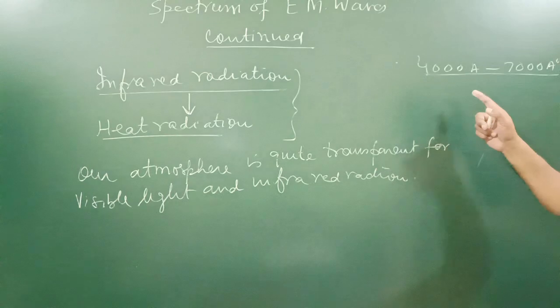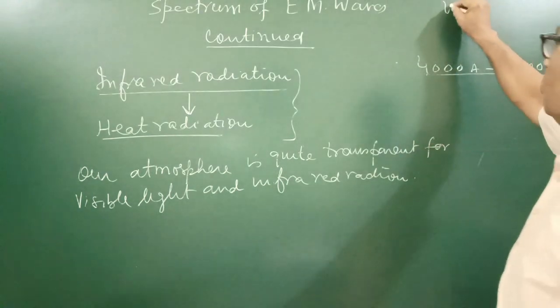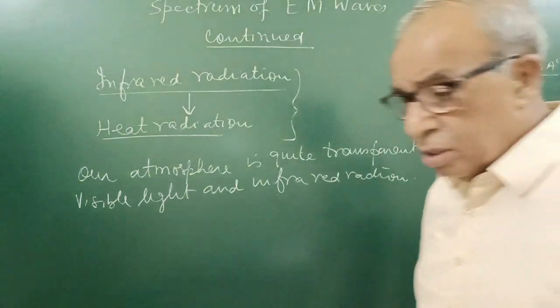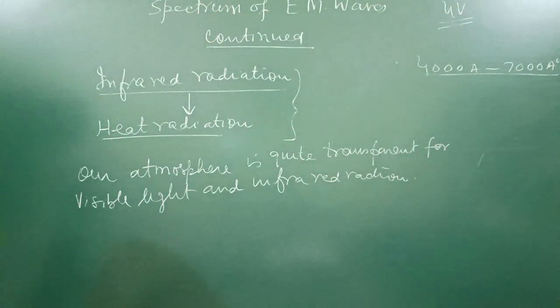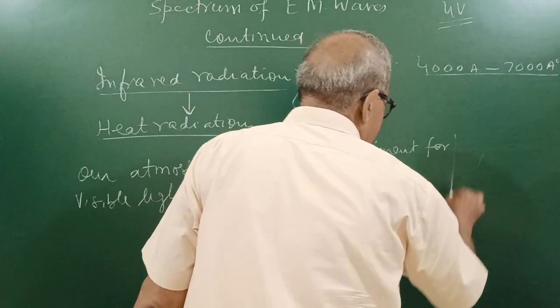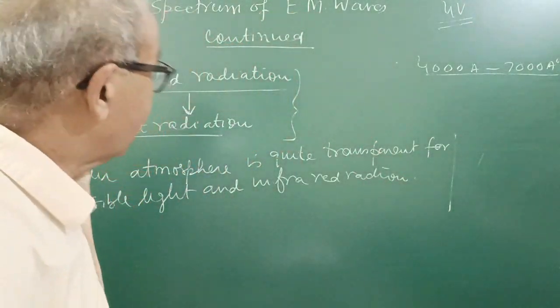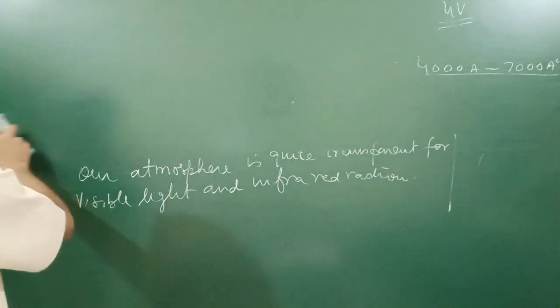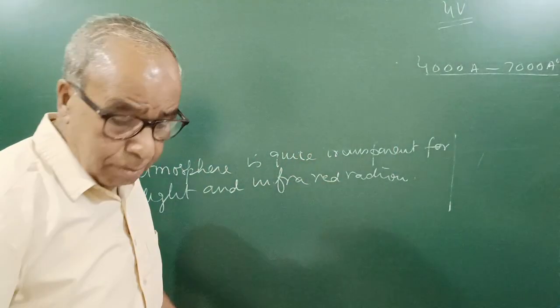For ultraviolet radiation, our atmosphere is opaque, because the ozone layer absorbs it. Then how does the atmosphere get heated? That is part of what we call the greenhouse effect. That's why I am taking this up.